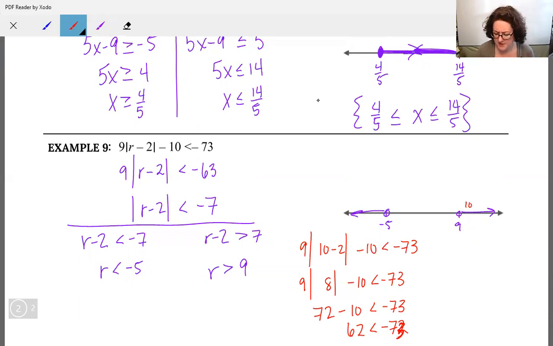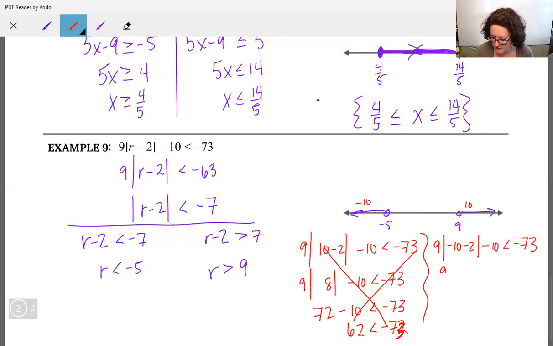Let's try another one just to make sure. Let's pick something from the other group. So let's go -10. Let's see if that one works. So 9 times the absolute value of -10 minus 2, minus 10, is less than -73. Okay, so that gives me -12 inside my absolute value. And I'll be honest, I don't have my 12s times tables memorized very easily.